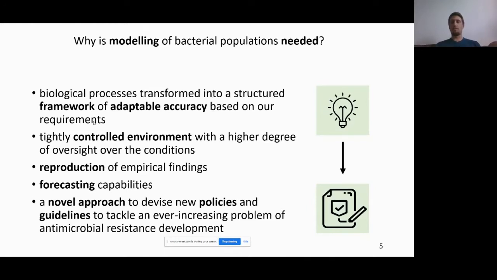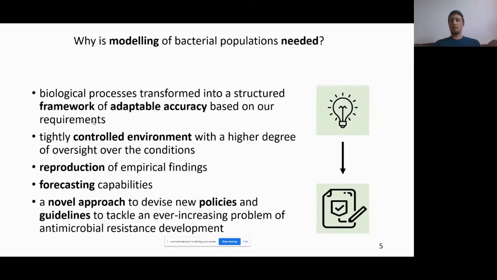And basically, a duly constructed model permits the reproduction of empirical findings in the same way as would be the case for a classical laboratory experiment if it were repeated using more traditional wet lab techniques. So if the model is good enough, we are able to predict pretty much the same outcome.